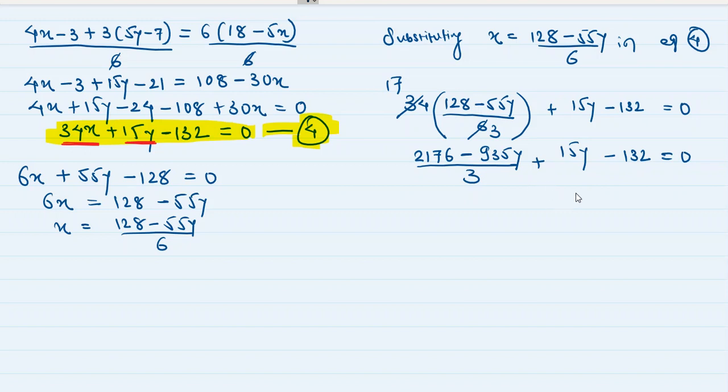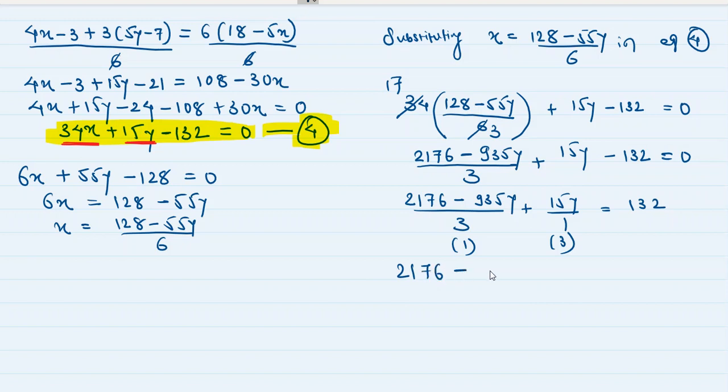If you want, you can take 132 to the other side, so it is not involved in this LCM stuff. Okay, so 2176 minus 935y, the whole upon 3 plus 15y upon 1 is equal to 132. 3 1s are 3, 1 3s are 3. Now what?